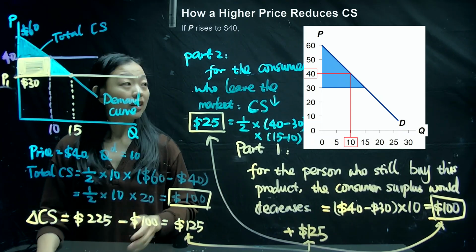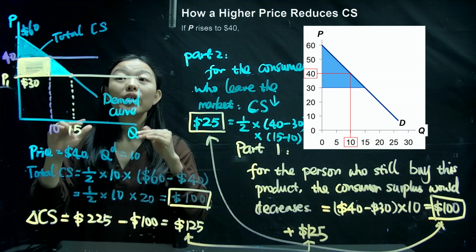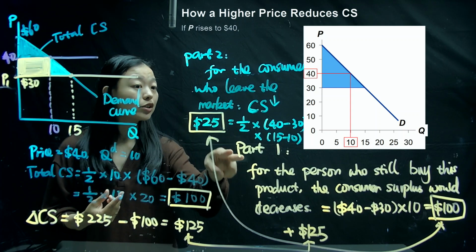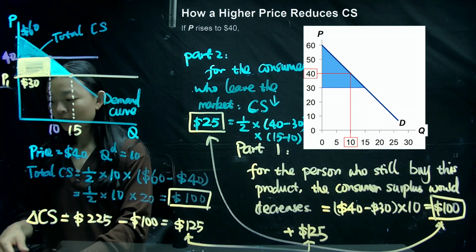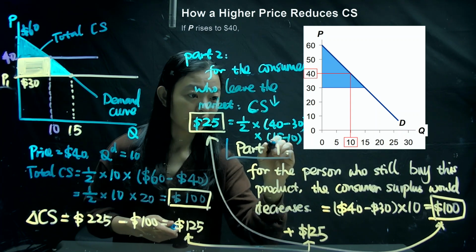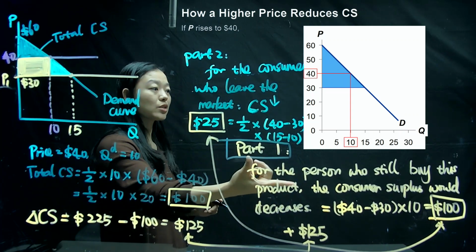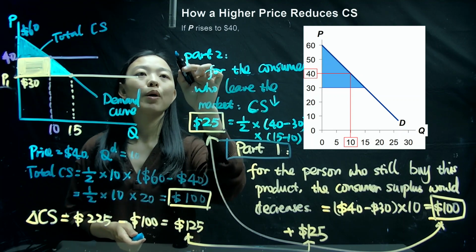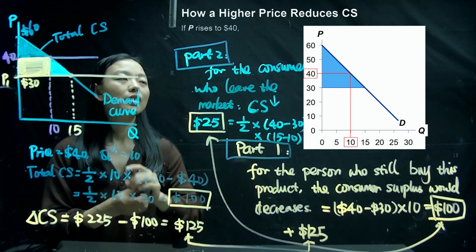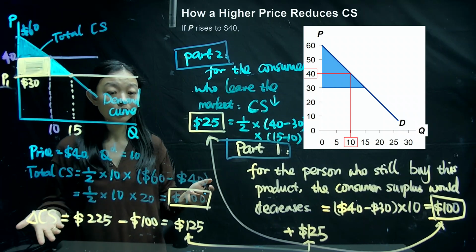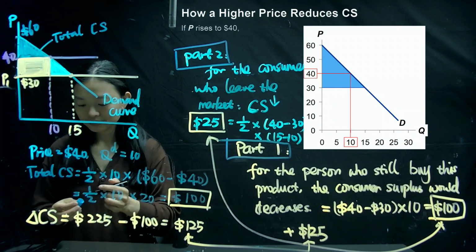So from here, we figure out the reasons why the consumer surplus decreases, including two parts. Part one is just for the consumers who are still in the market. And part two measures the consumer surplus decrease for the consumers who leave the market.